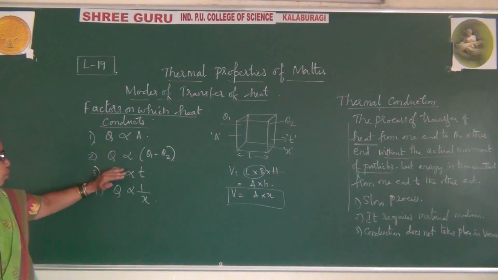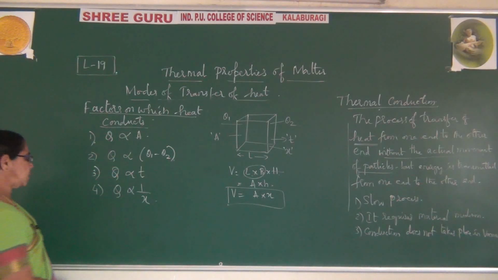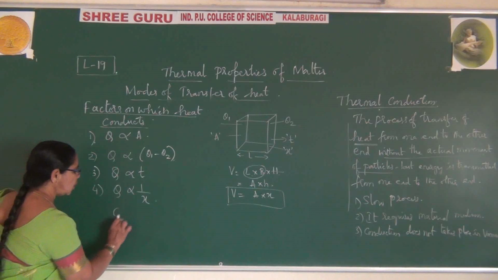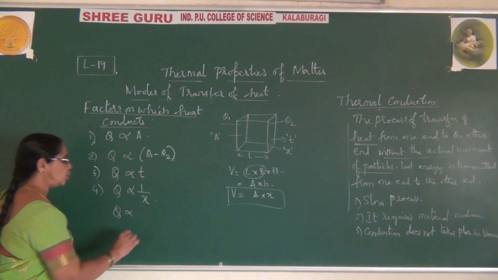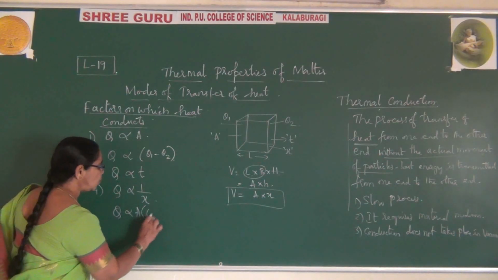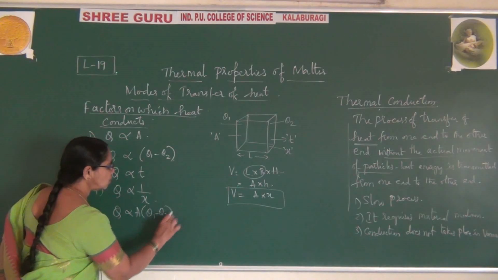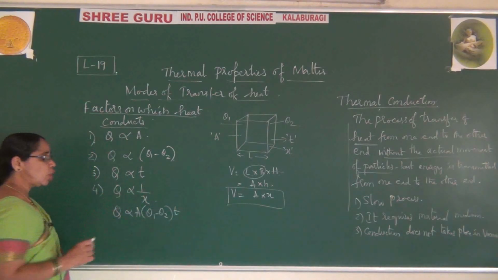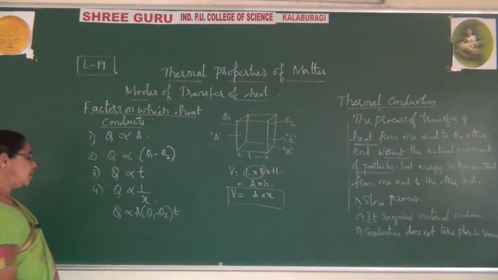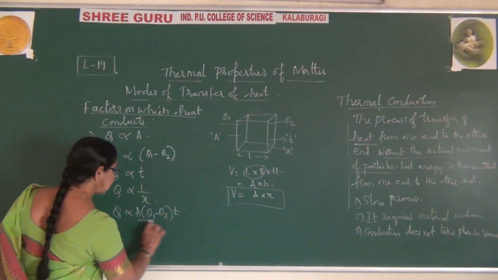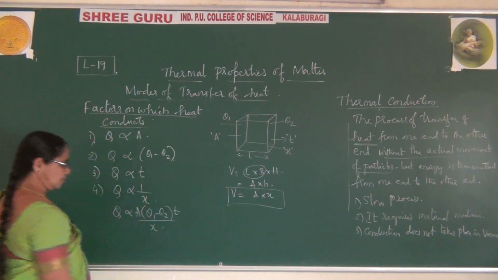By equating 1, 2, 3, 4, quantity of heat is directly proportional to A into theta 1 minus theta 2 into small t, because all these are directly proportional. And since it is inversely proportional, I have divided by x.